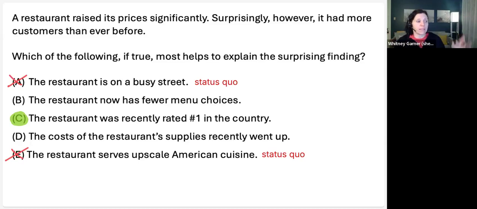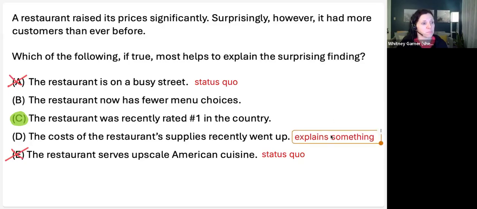And so in this case, this idea of one-sided, like it explained something, would be answer choice D. I think of this as it explains something in the argument, just not the finding itself. Like D might explain why the restaurant raised its prices, but it doesn't explain the surprising finding. And our job is to explain the surprising finding.